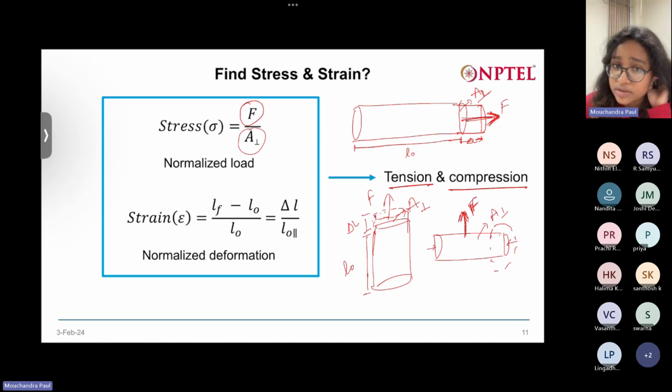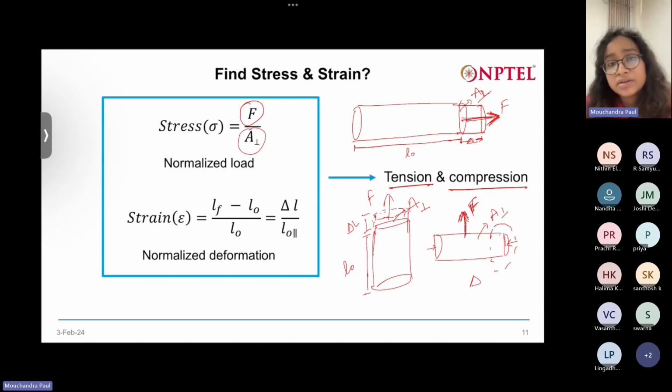How will you calculate strain? Anyone? Delta R by R. Correct. You're correct. So in this case, you can take D as well, means you can take diameter as well, or you can take R as well.